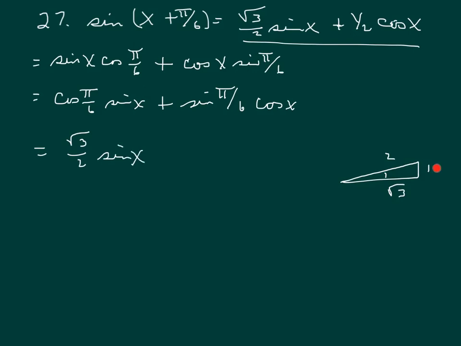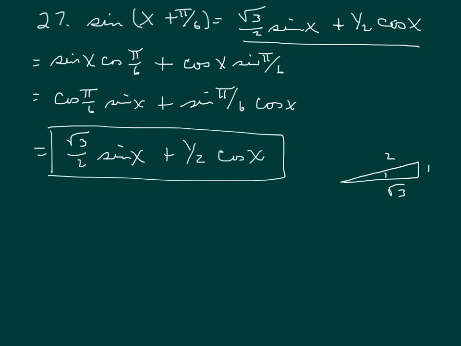The sine of pi over 6 is 1 over 2, 1/2. And we have what we desired to show the identity.